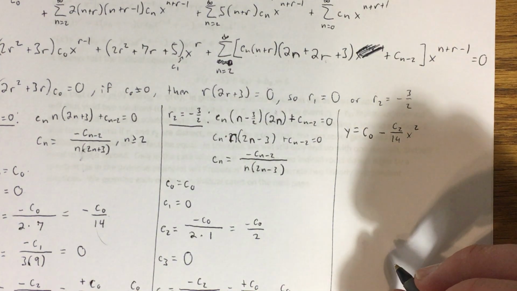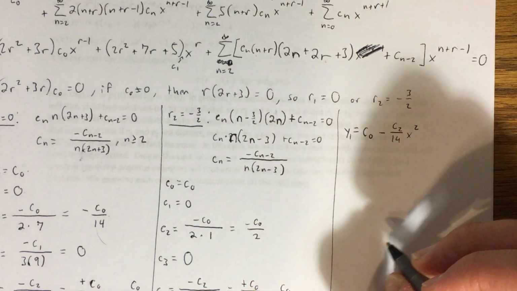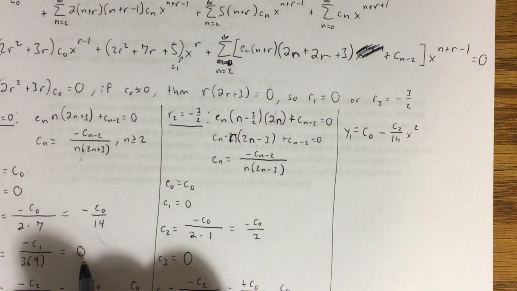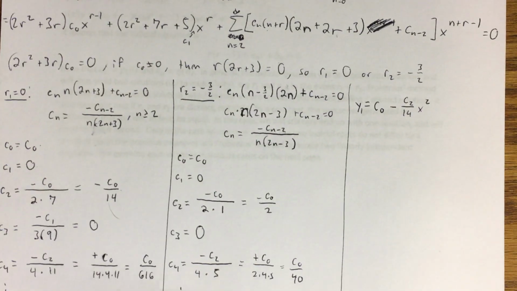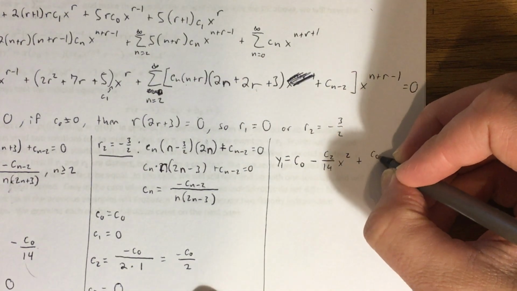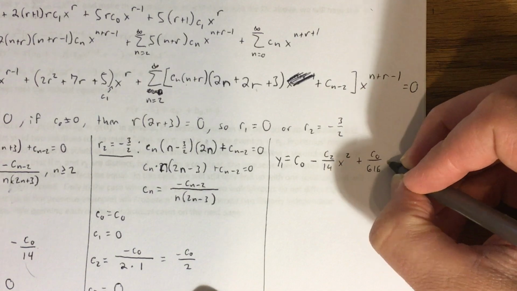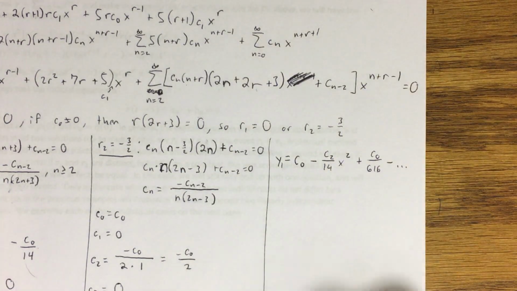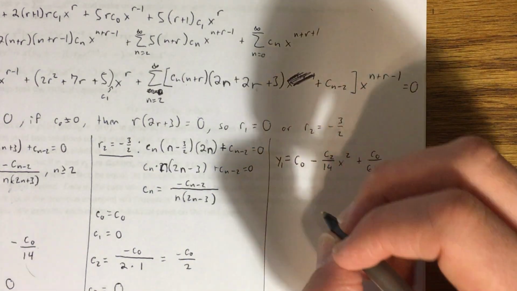Let's call that Y1. My next term is also going to be a 0, and then I'm going to have plus C0 over 40 x to the 4th, minus ... It's this alternating plus minus pattern. So that's one of my solutions.